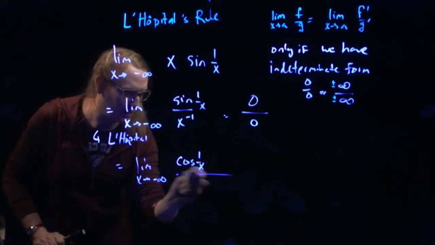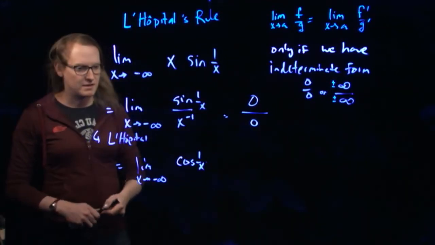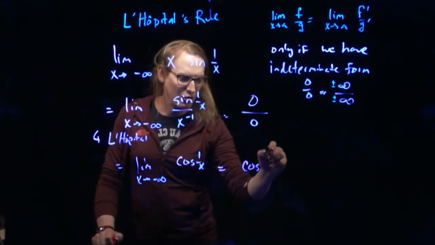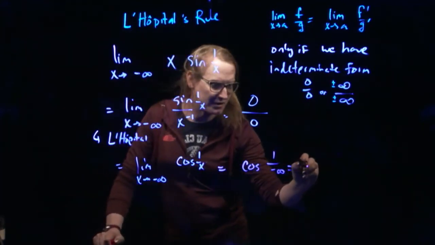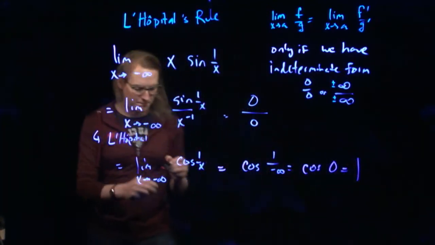Now I don't need my divided by bar. Ooh, this is pretty nice. So this is equal to cosine of 1 over minus infinity, which is cosine of 0, which is 1.